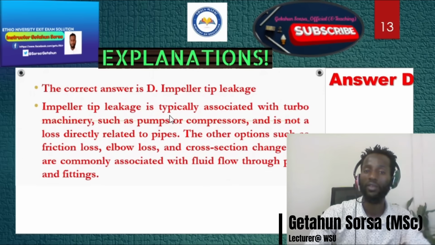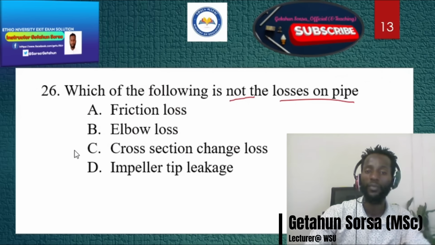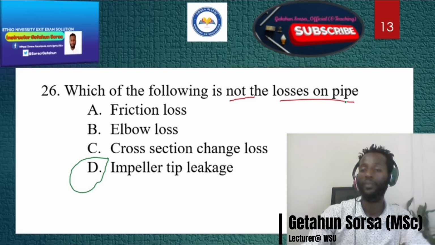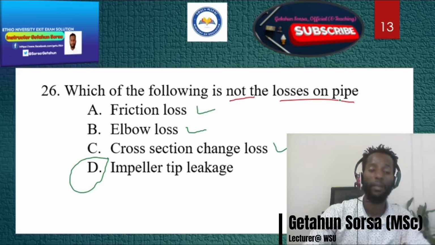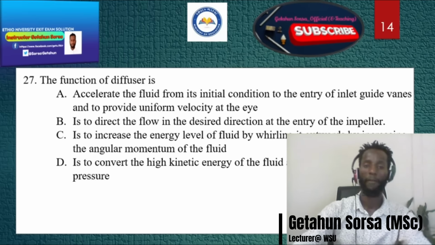So the correct answer for this question is choice D. Impeller tip leakage is not a loss directly related to the pipe, but friction loss, elbow loss, and cross-section loss are directly related to losses in a pipe. Let's go to the next question.